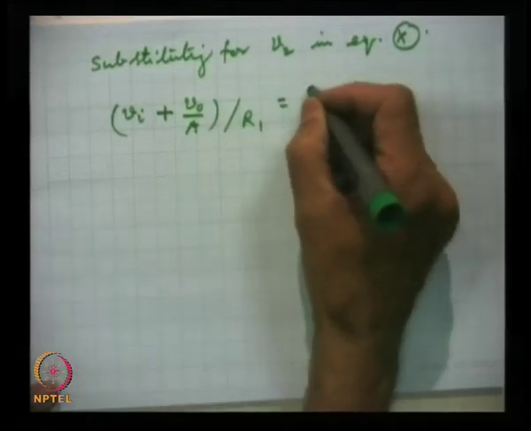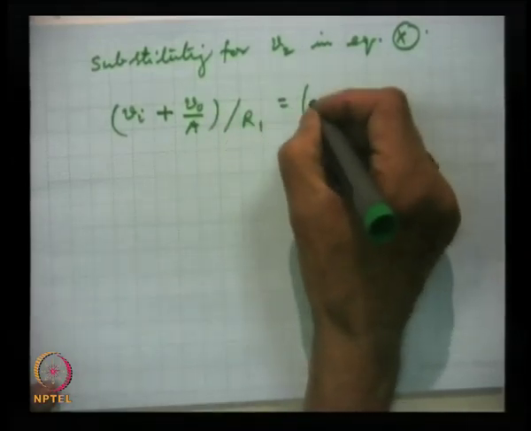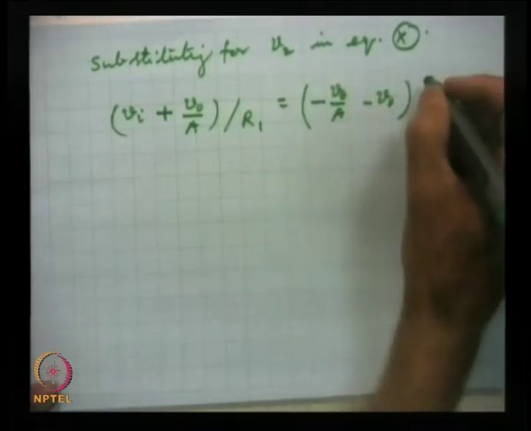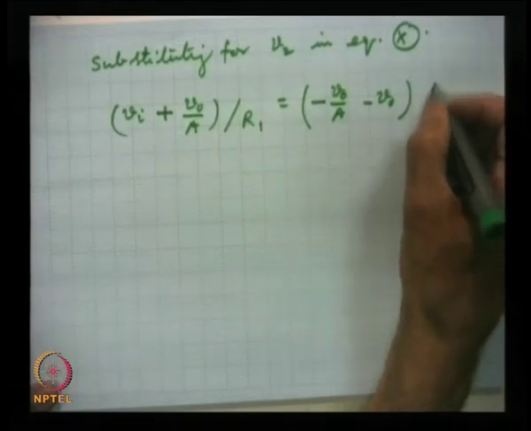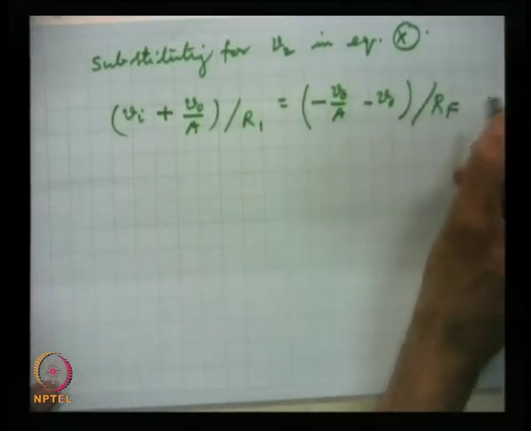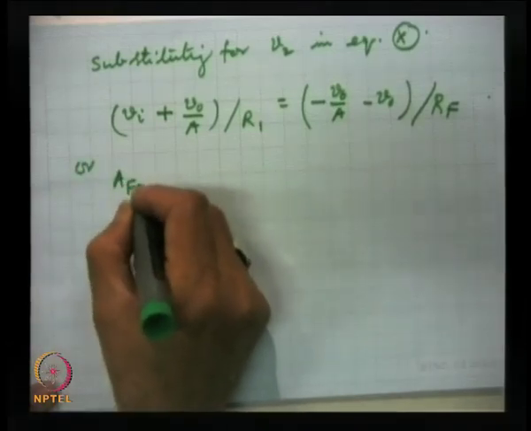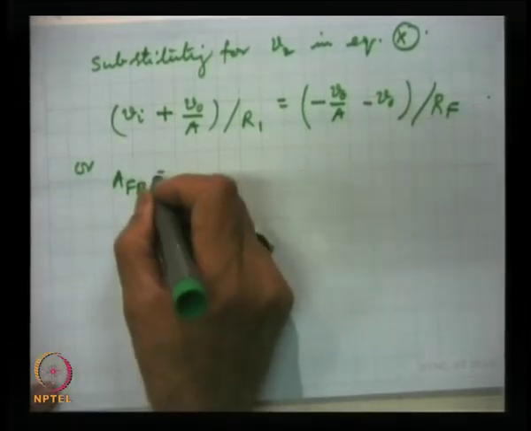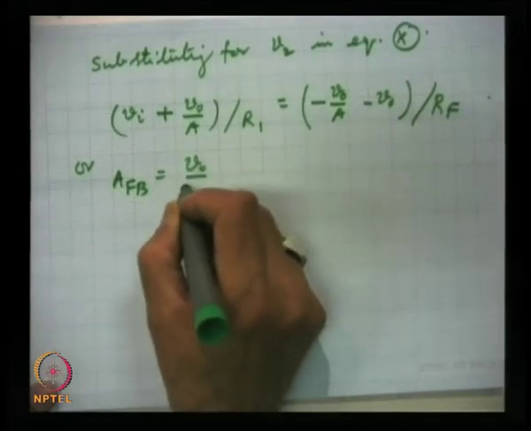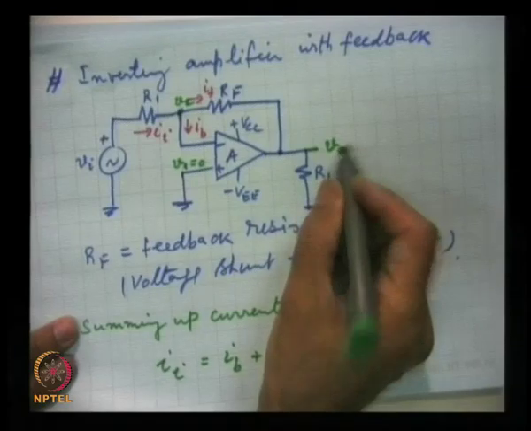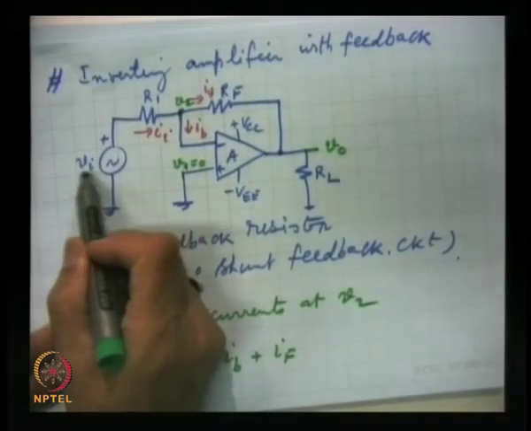This is equal to minus V0 by A minus V0 by RF, or the voltage gain with feedback. This is equal to V0 by Vi. Output is V0, input is Vi.